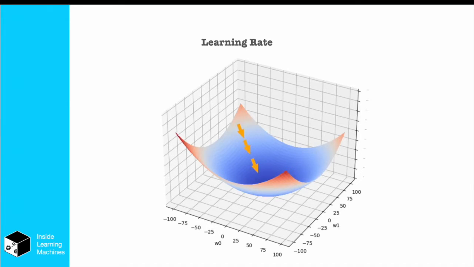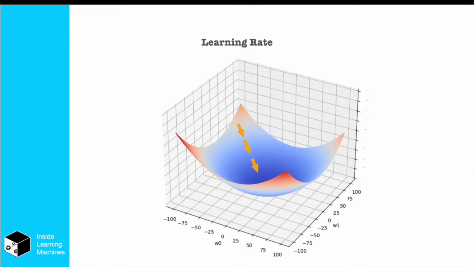Here we have a visualization of a loss function, a 2D surface plot of the loss function as a function of 2 of the model parameters in our algorithm. The orange arrows indicate the steps taken by the learning algorithm as it tries to approach the minimum. And so the learning rate just defines the size of these steps that we take in the model weight space.